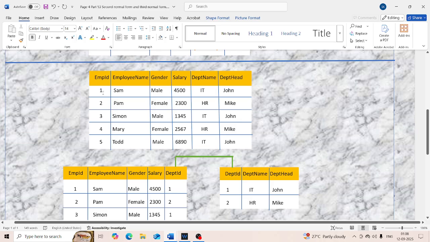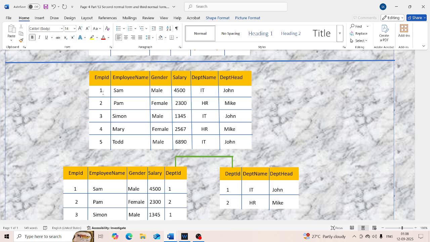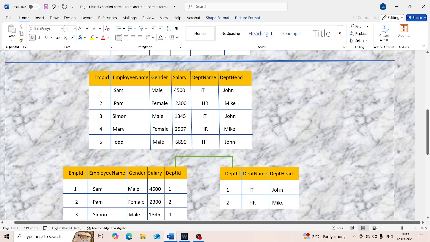Now, if you take one as the employee ID, here is Sam. His gender is male, salary 4,500, and department is IT, and department head. This also depends on employee ID.